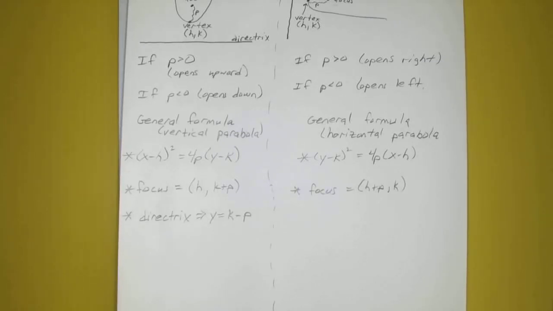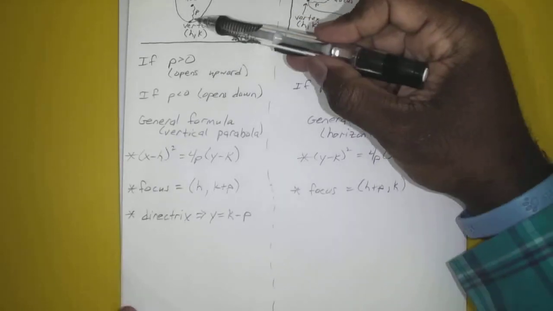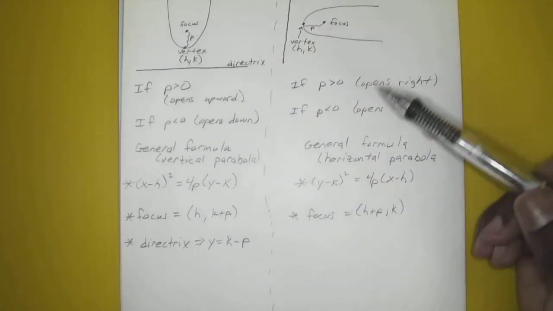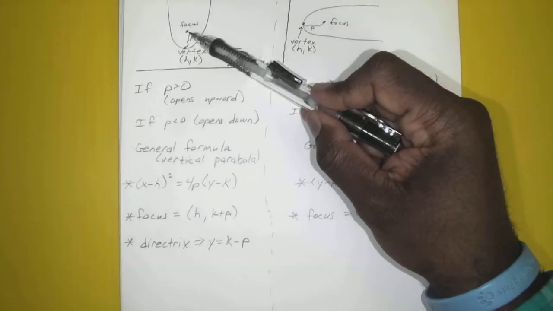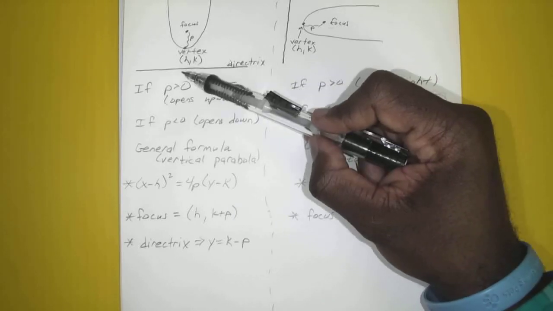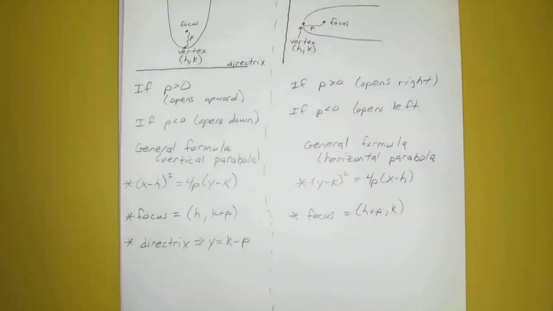Because remember, your vertex is right at the halfway point between your focus and your directrix. So that vertex is right in the middle of them. So if you start at your vertex and you go up p units, you're at your focus. But if you go down p number of units, you're at your directrix. Does that make sense?